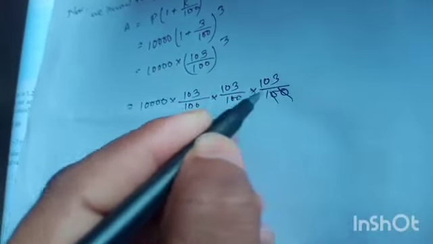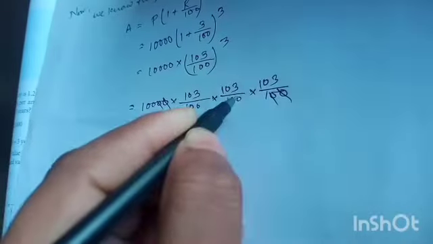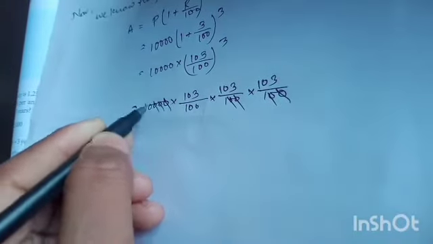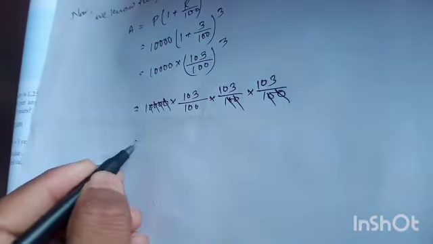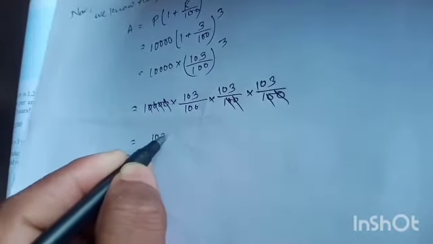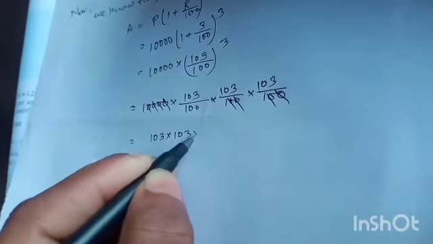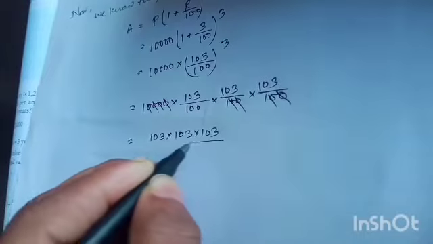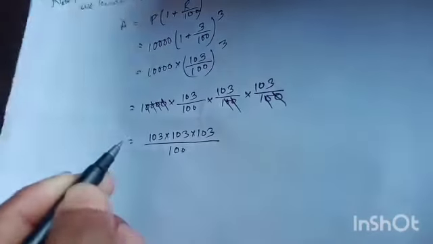So 0 0 cancel, this one 0, this one 0, 0 0 cancel. So what is remaining here? 103 into 103 into 103 divided by 100.